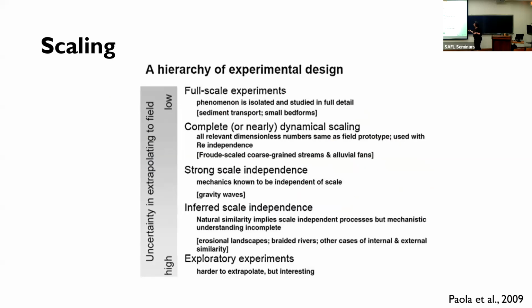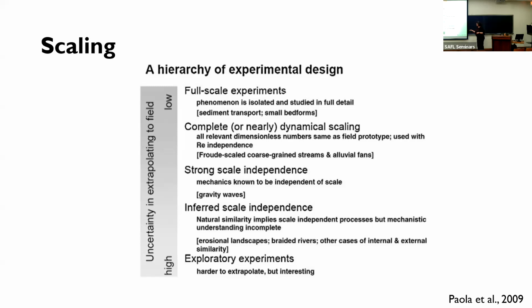It's very complicated. Dynamic scaling is something that engineers really like. This is scaling using dimensionless numbers. So you match your experiments to the prototype, and if the two dimensionless number sets are identical, you could maybe completely dynamically scale, or almost.